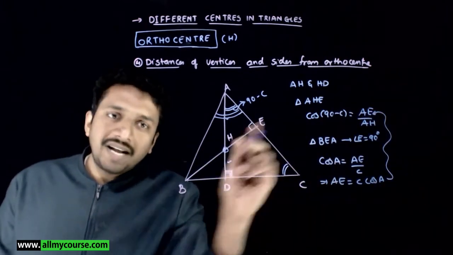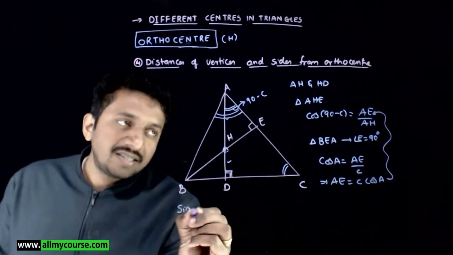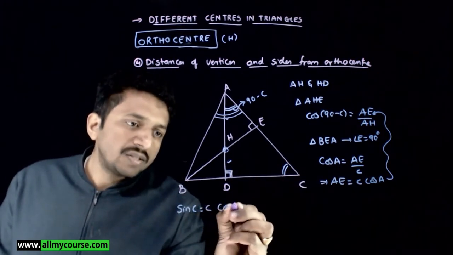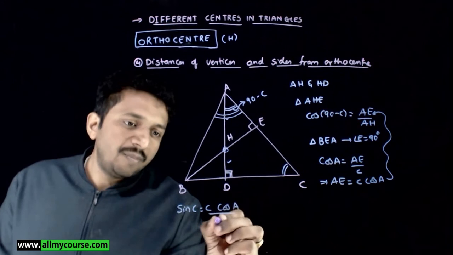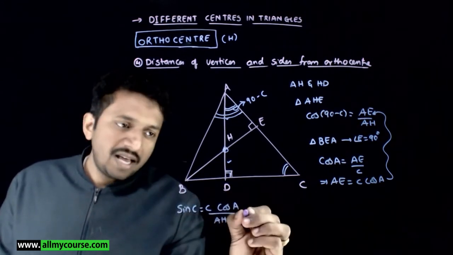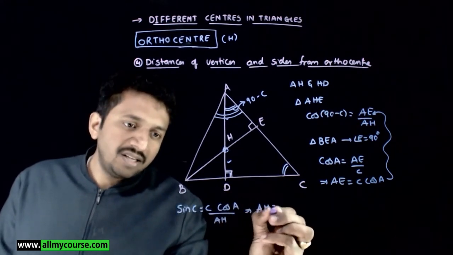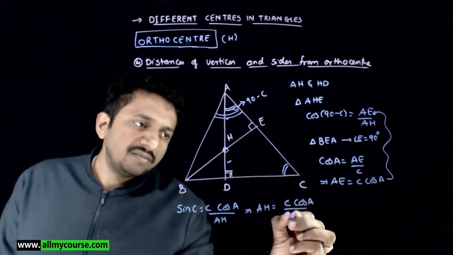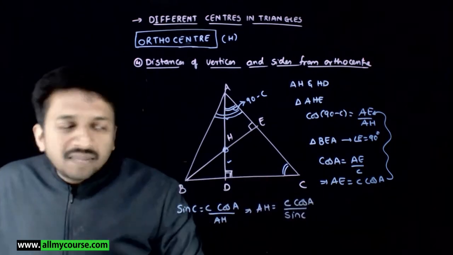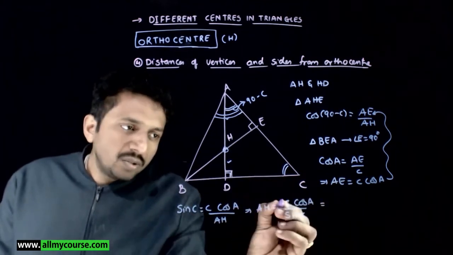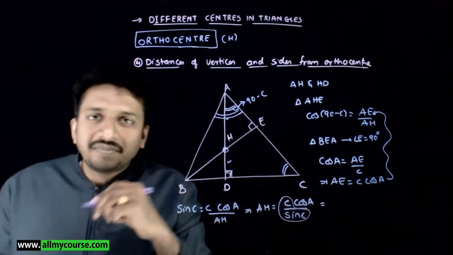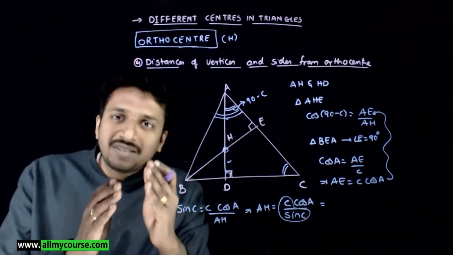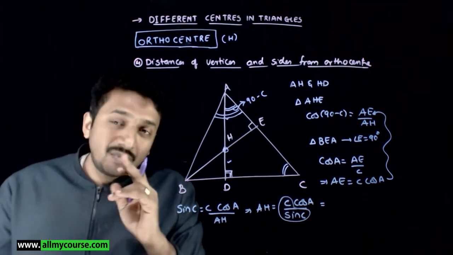So what is cos of 90 minus C? Sin C is equal to C cos A divided by AH. And this implies AH is equal to C cos A by sin C. So what is C by sin C? From the sine rule, A by sin A is equal to B by sin B is equal to C by sin C is equal to 2R.